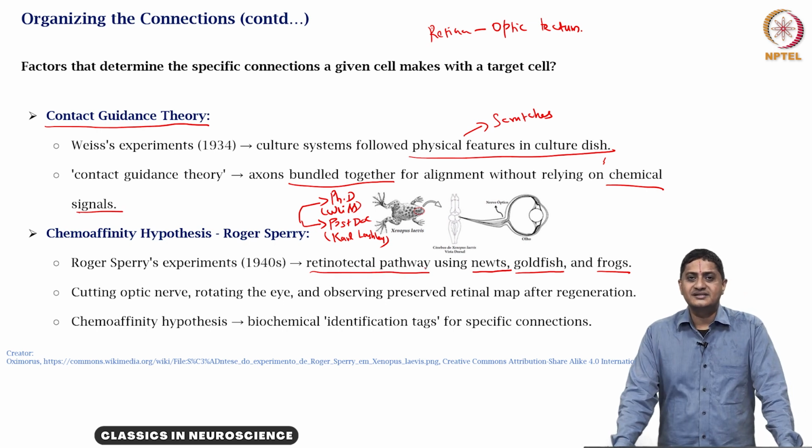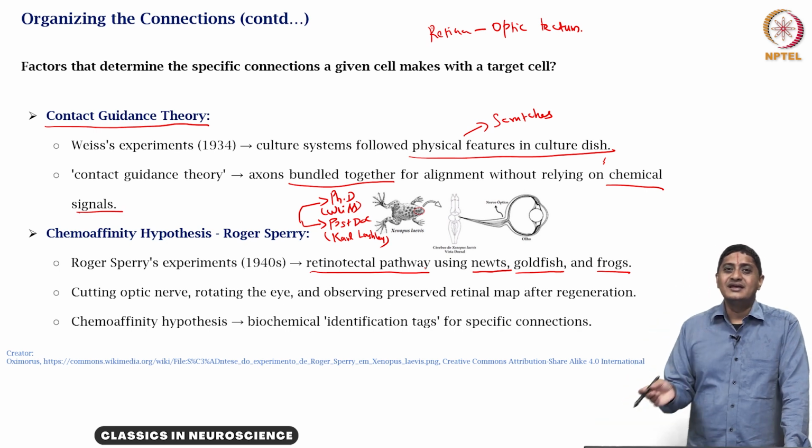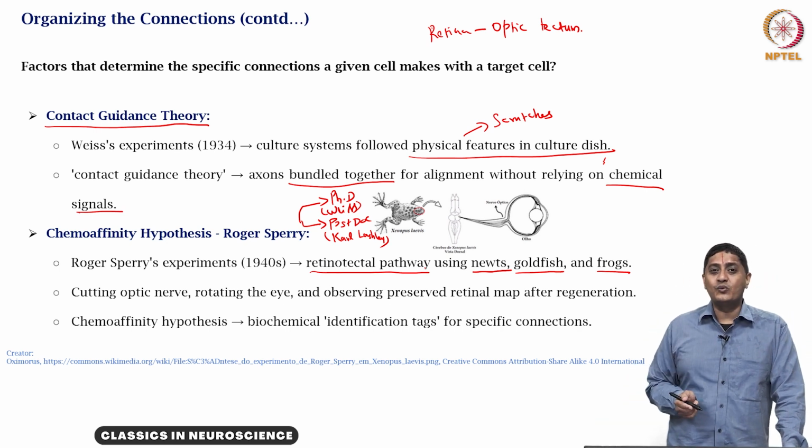So, the exact experiment that Roger Sperry performed was this. He transected the retinotectal pathway, the pathway that goes from the retina to the optic tectum in these animals such as newts, goldfish and frogs, and then he rotated the eye by 180 degrees.